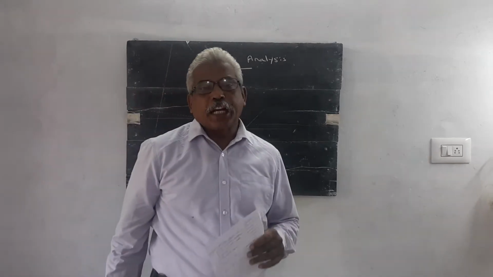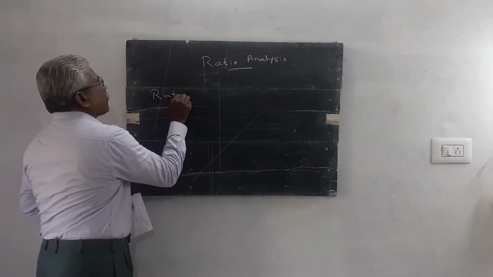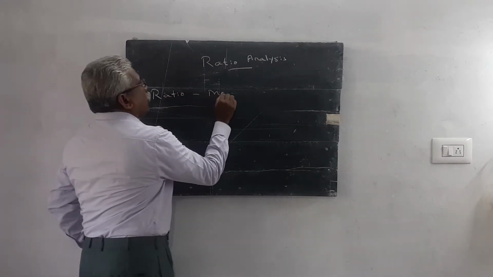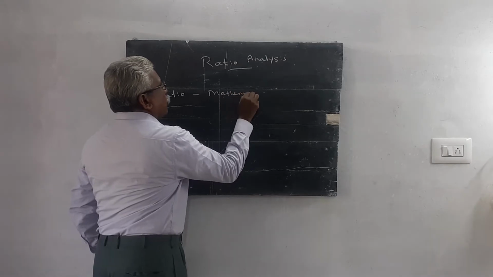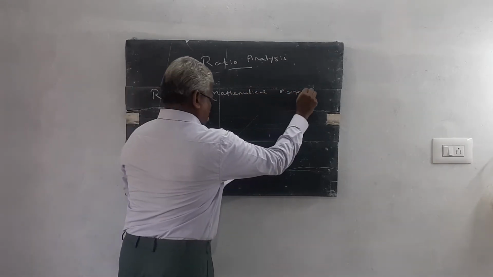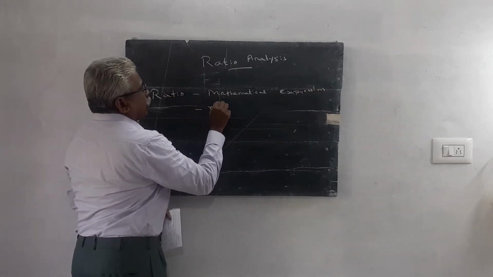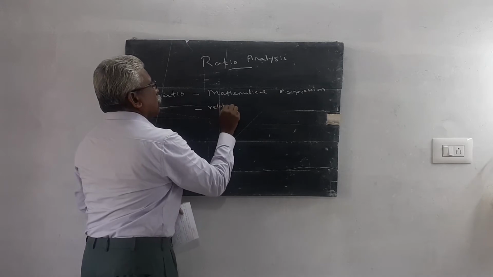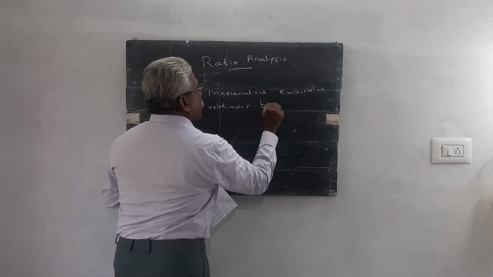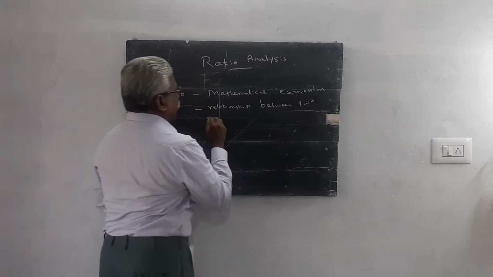What is the meaning of ratio? Ratio is a mathematical expression of relationship between two related items.